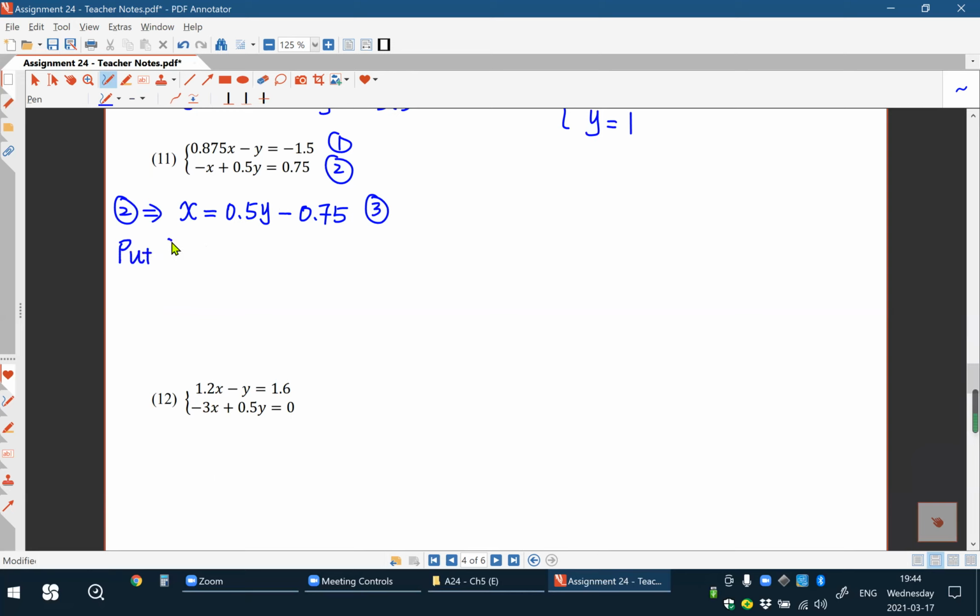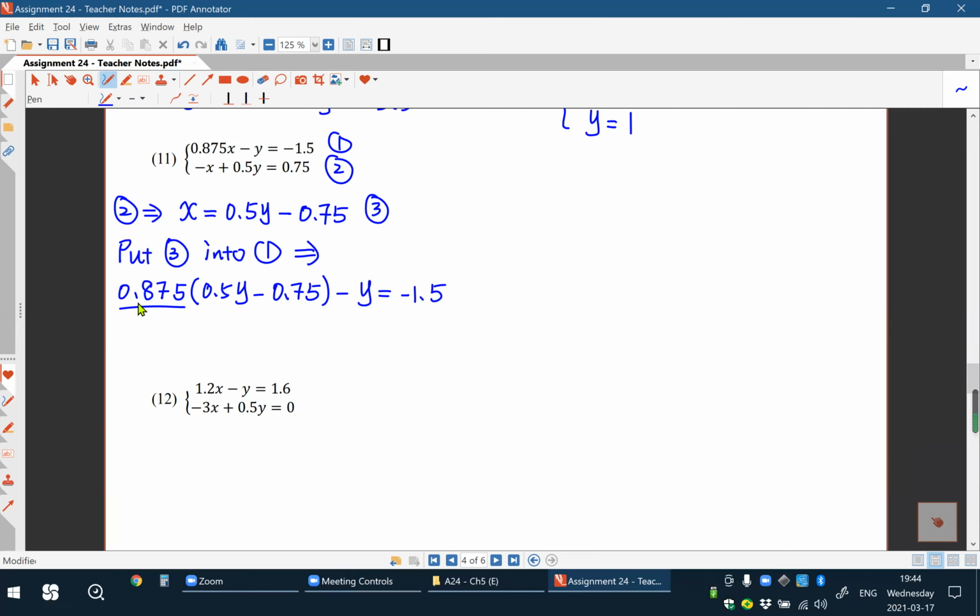Then we can put number 3 into number 1. This will give you 0.875x, where x is 0.5y minus 0.75, and then minus y, right? Equals minus 0.5.